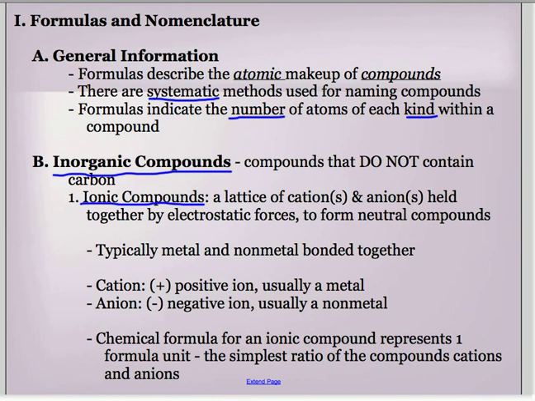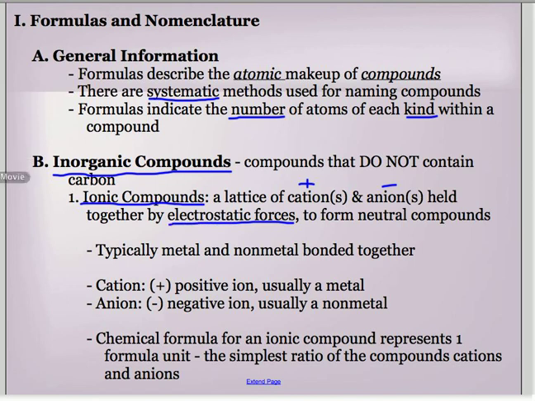When we have ionic compounds, this is really important, and again, this is in your book as well, you should be reading. It's a lattice, an actual crystal structure of cations, which we know are positive, and anions, which we know are negative, and they're held together by electrostatic forces. All that means is the positive and negative.